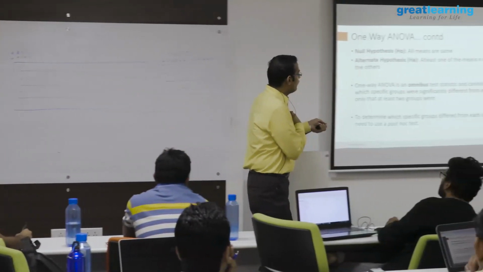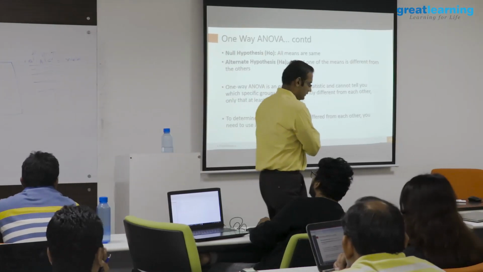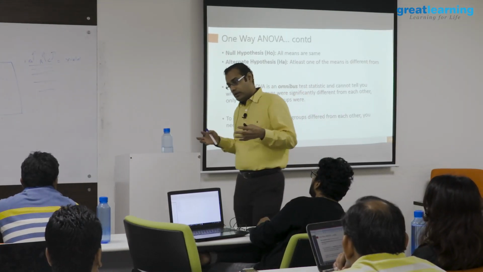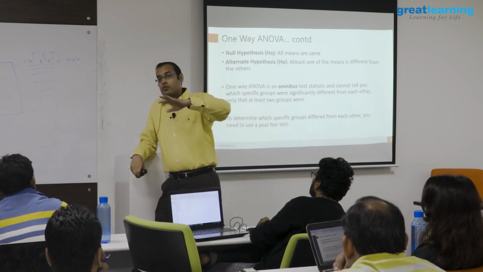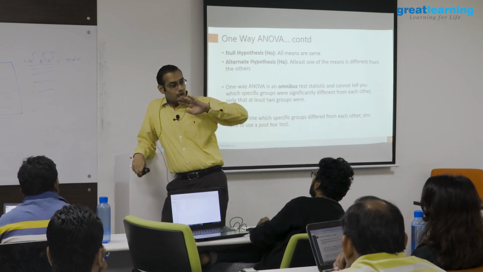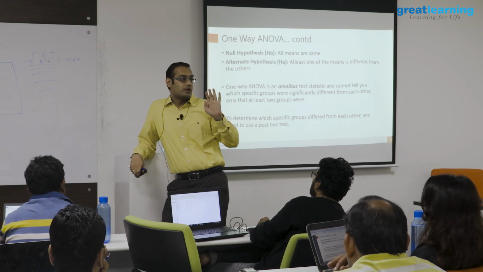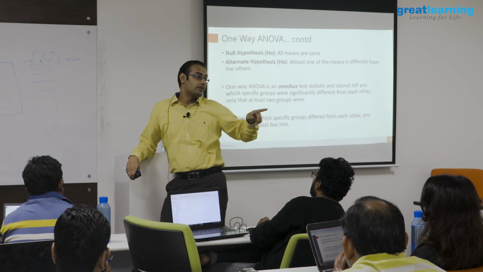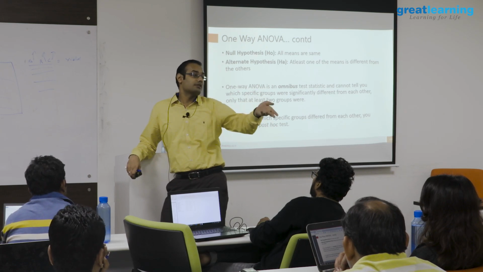One-way ANOVA is an omnibus test statistic. What it means is, when I apply ANOVA, it will prove either all means are same or all means are not same. But it cannot tell me which of the means is not same.